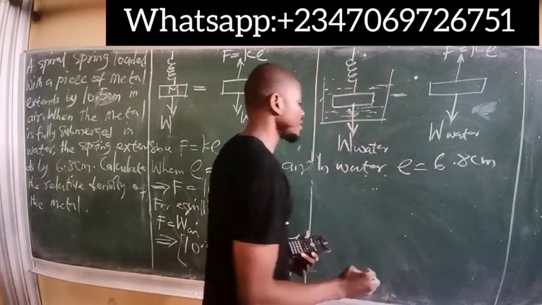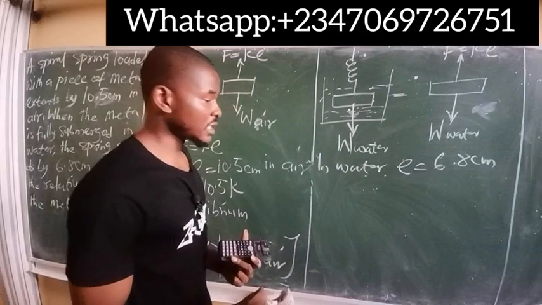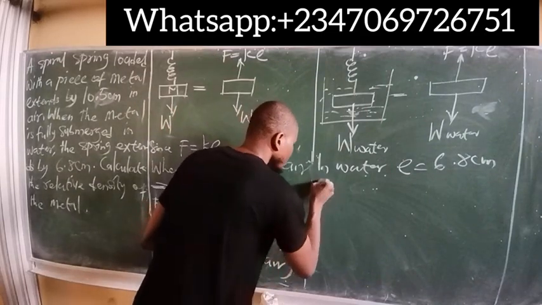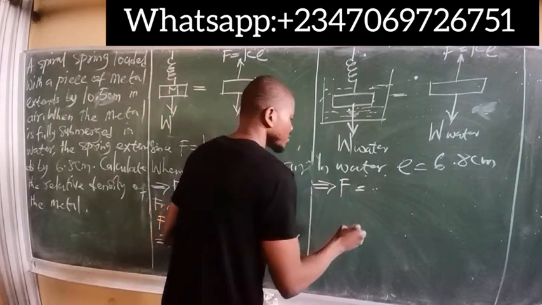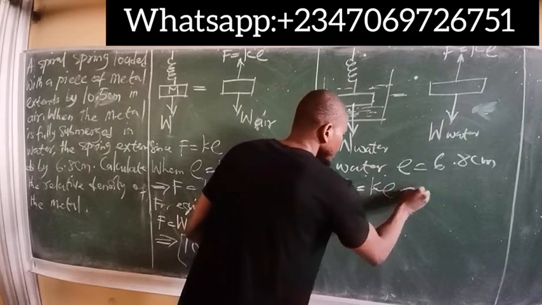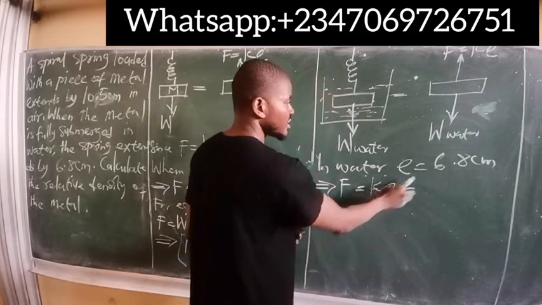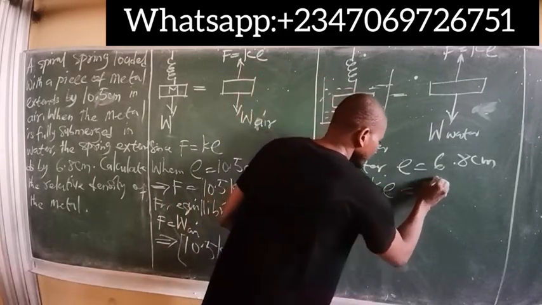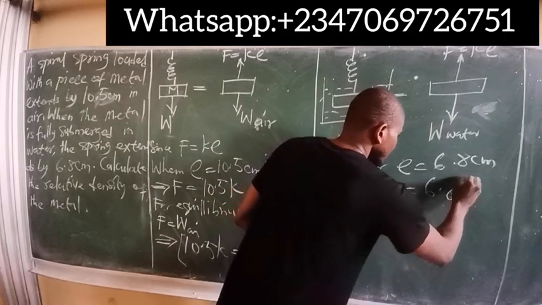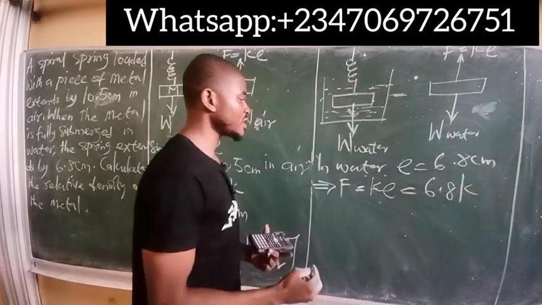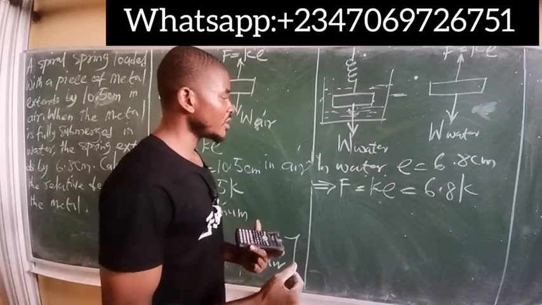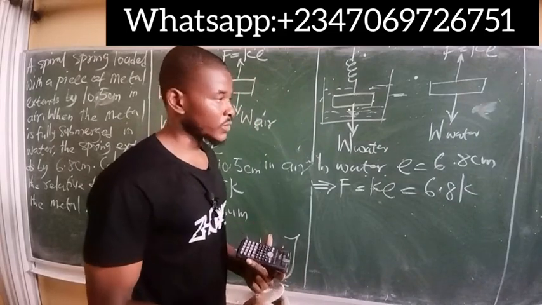So if this is the extension in water, then the spring force in water, remember it is k times e. e is now equal to 6.8. So you simply have 6.8 times k. This becomes the value for the force in water.